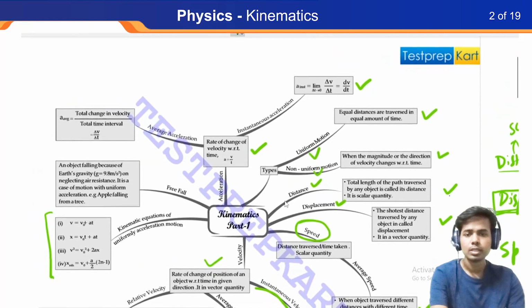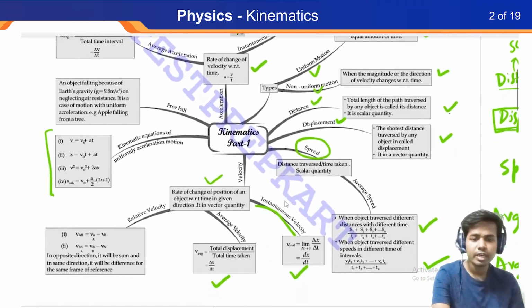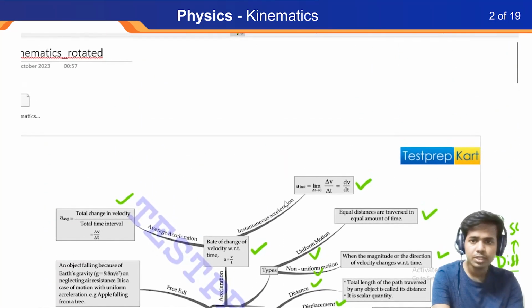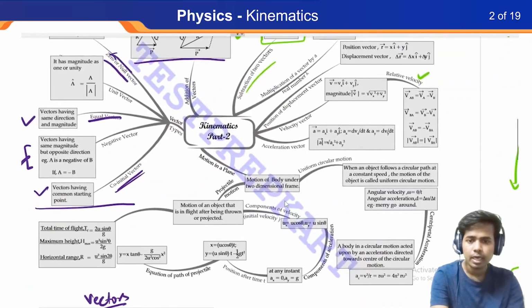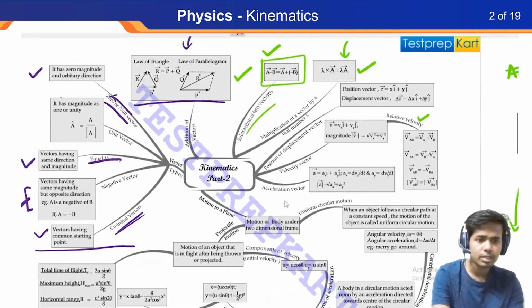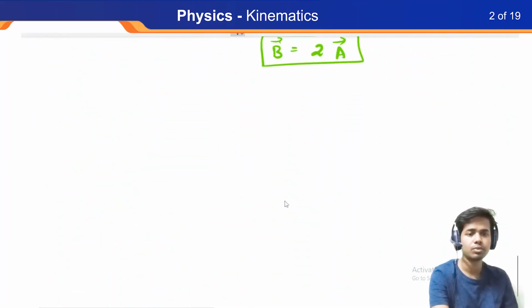So, what we are left with here is relative velocity. What other things do we need to cover? And these are the parts of projectile motion. This is also relative velocity. Okay, let's come to relative velocity now.